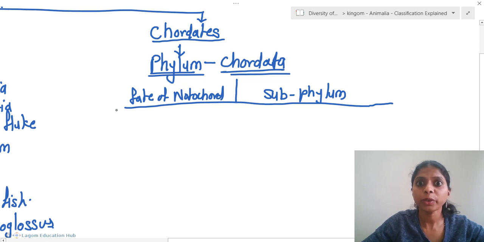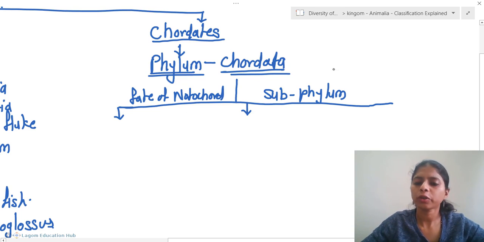Fate means future. What exactly happened to the notochord when the animal grew? That characteristic is considered, and Chordata is classified into 3 different subphyla.